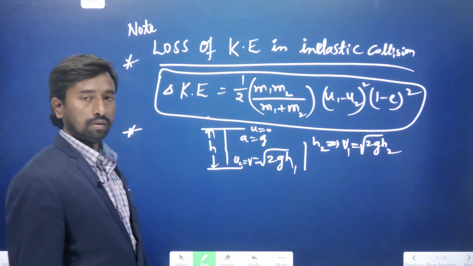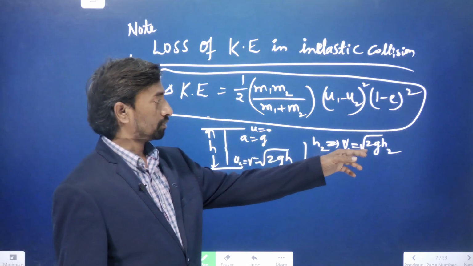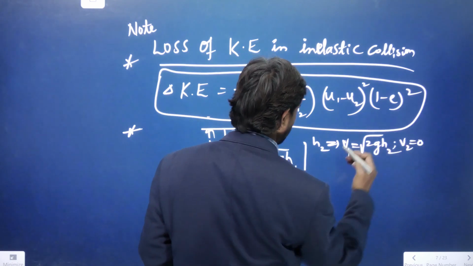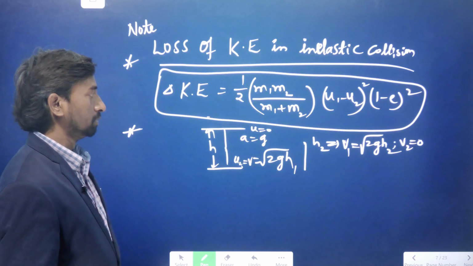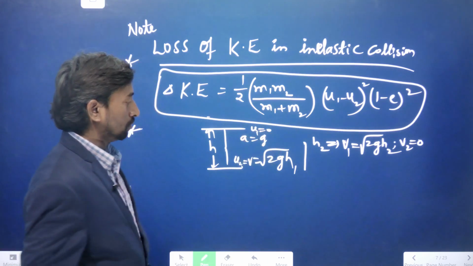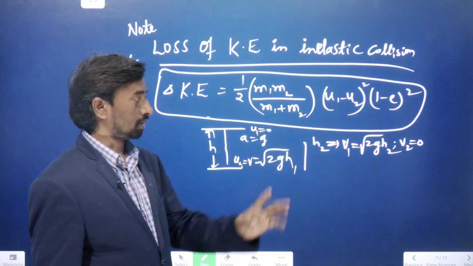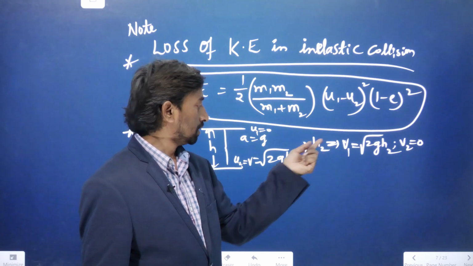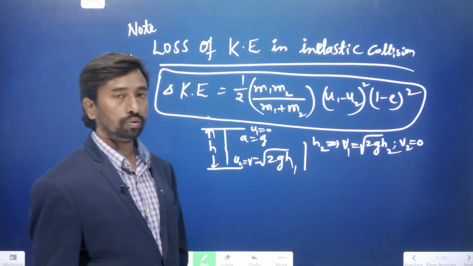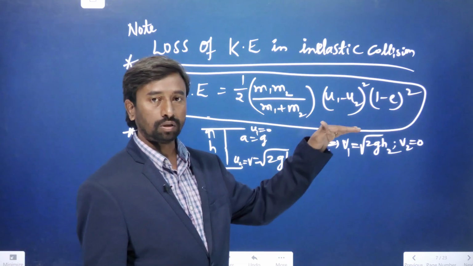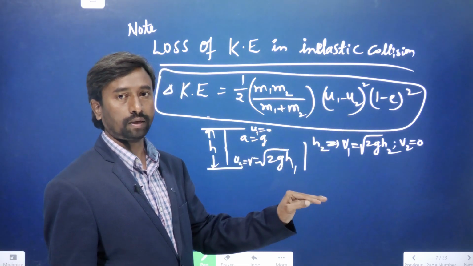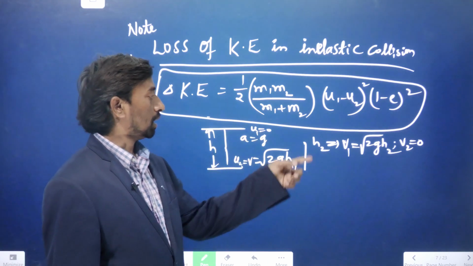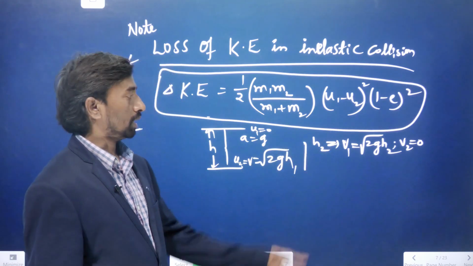After reaching h2, the final velocity will become 0, so v2 will become 0. u1 will be 0 while it is approaching, and in the separation, v1 will be the square root of 2gh2 and v2 will be 0. After reaching a certain height, again it will fall on the ground. So u1 is 0, u2 is the square root of 2gh1, v1 is the square root of 2gh2 and v2 is 0.